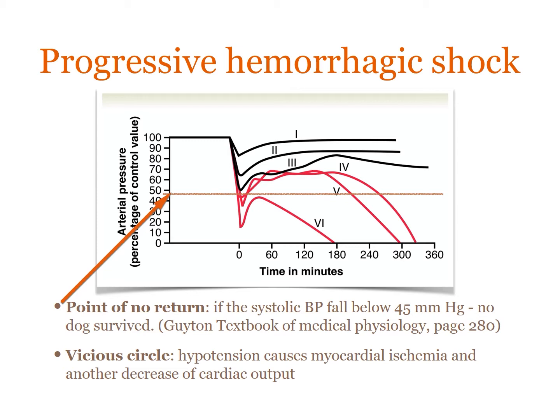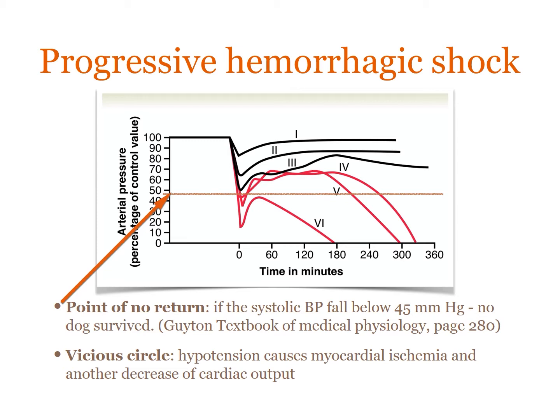The animals whose pressures fell immediately to no lower than 45 mm of mercury all eventually recovered. But when the arterial pressure fell below 45 mm of mercury, all the animals died, although many of them hovered between life and death for hours before the circulatory system deteriorated to the stage of death.